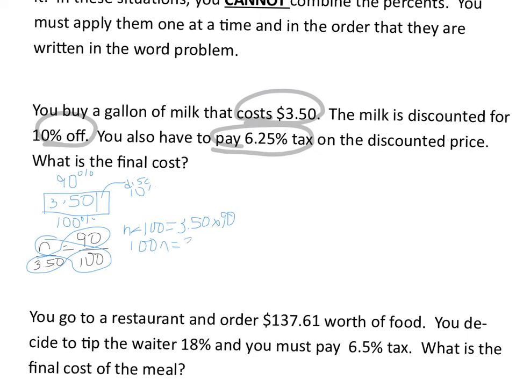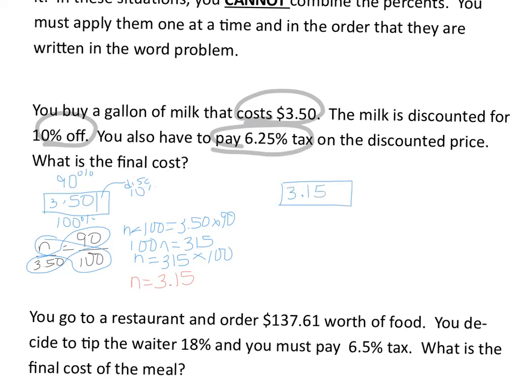If you would like to know how to do the equation for these problems, you're more than welcome to attempt it on your own and have myself or Ms. Walker check it tomorrow morning or tomorrow in class. Just let us know that you are wanting that checked. So now we know that the discounted price is going to be $3.15.